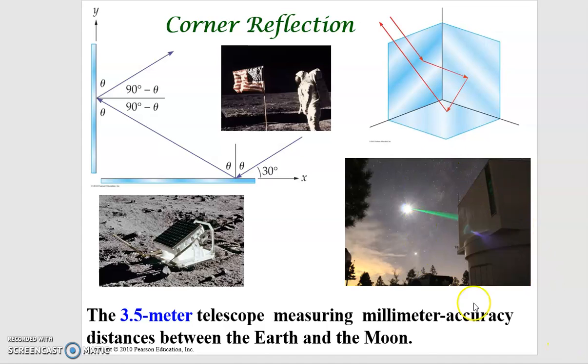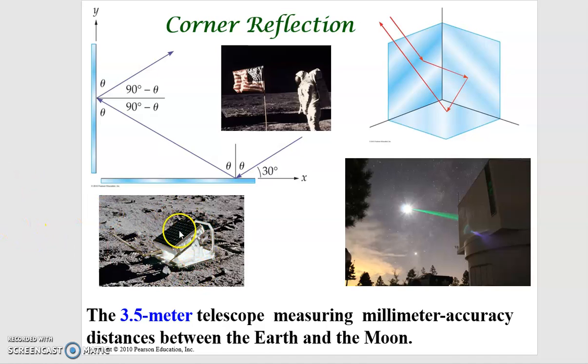This is a telescope we use to launch a laser beam and receive the reflected laser beam. Intrinsically, the only physics you have to know behind this is the corner reflector, made of 100 corner reflectors.